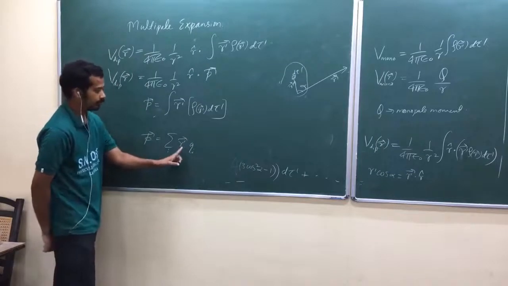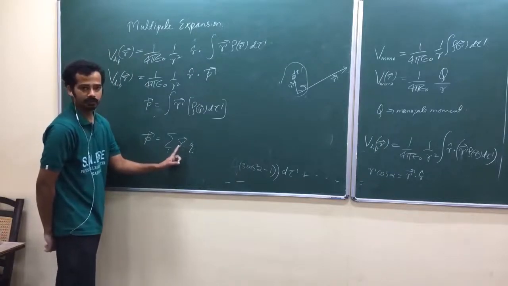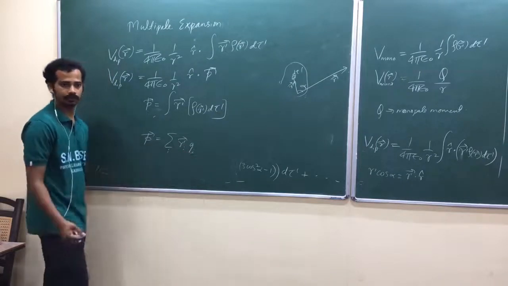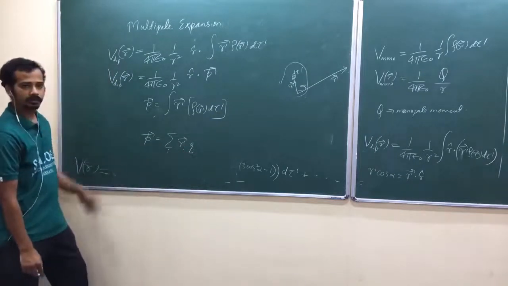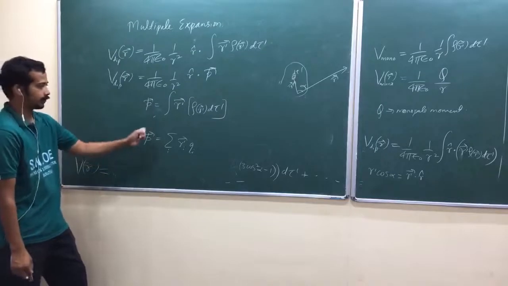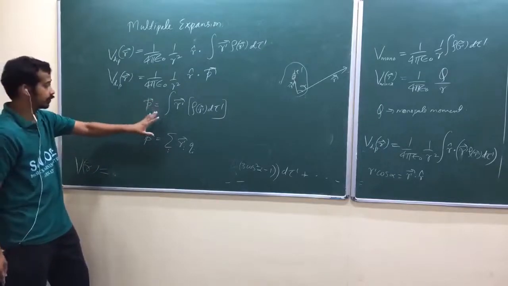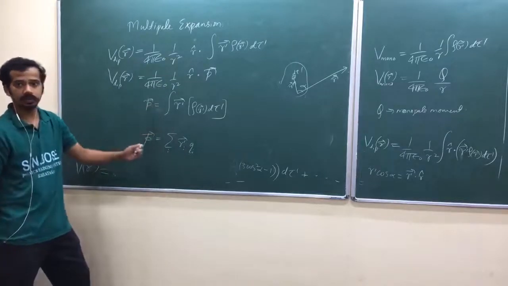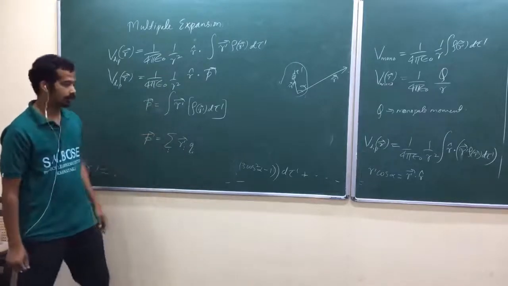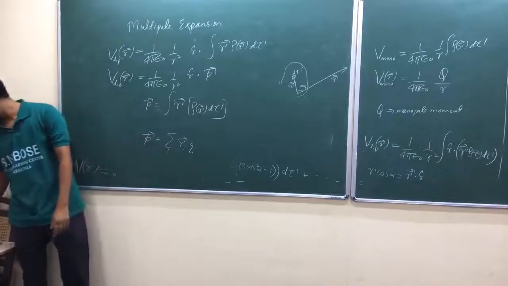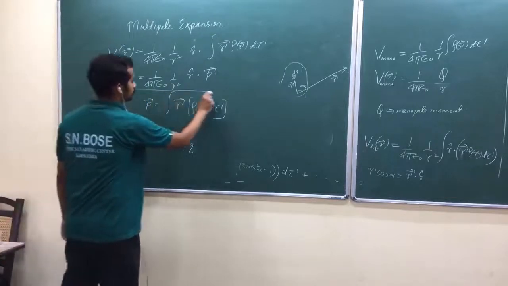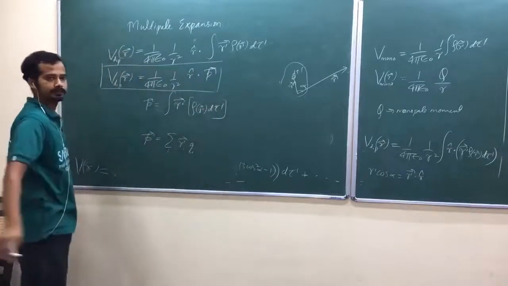So r i prime is the position vector from the origin of the q i charge, the source charge. First we design the definition using an integral, then we generalize that to point charges. So this is the potential due to a dipole, which will fall like 1 by r square.